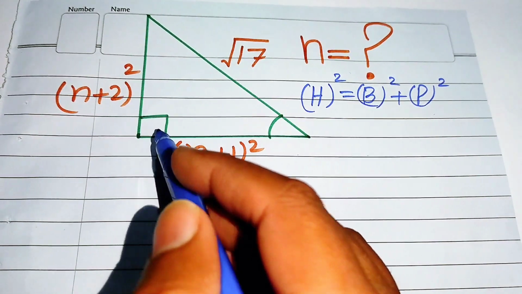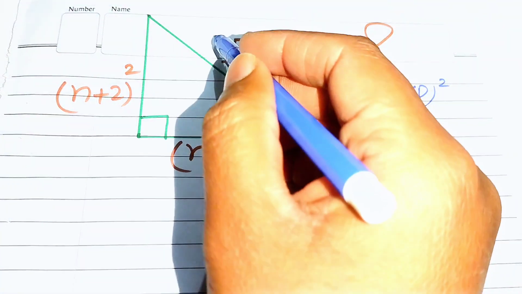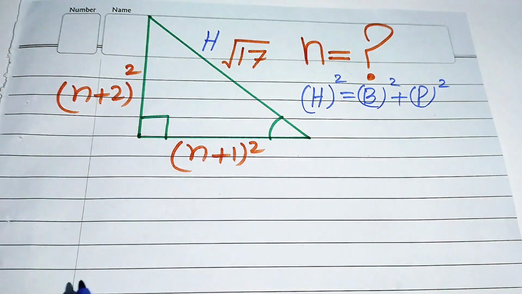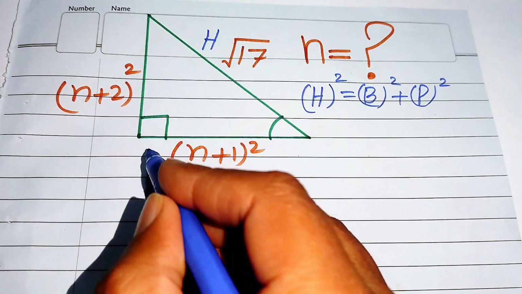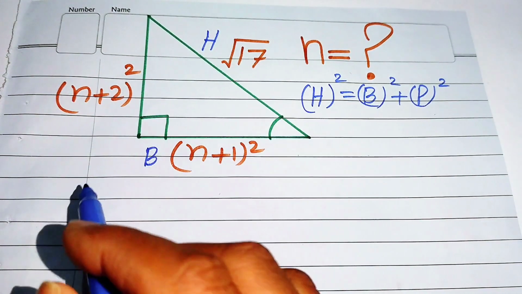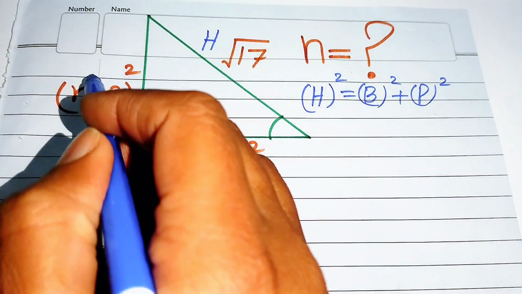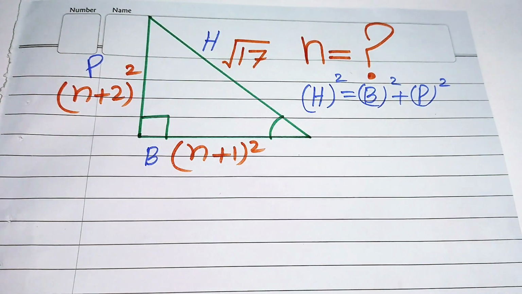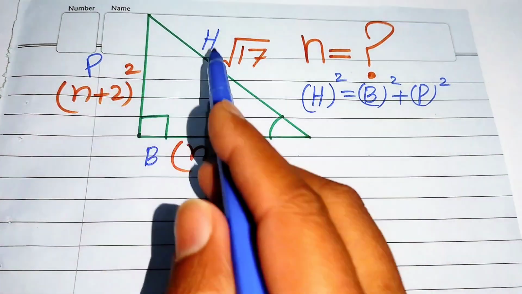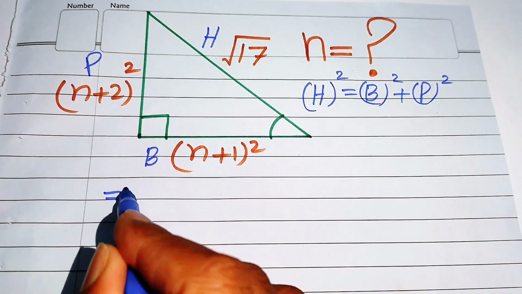In the diagram, the side opposite to the right angle is known as the hypotenuse, the side which joins these two angles is known as the base, and the third side which is perpendicular to the base is known as the perpendicular. Now we substitute these values in the Pythagorean theorem.